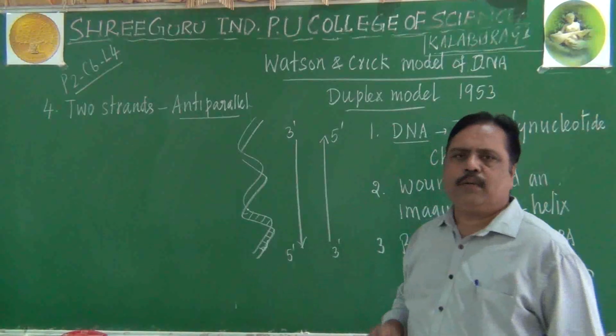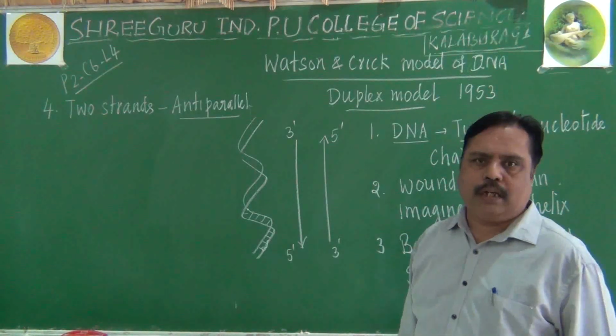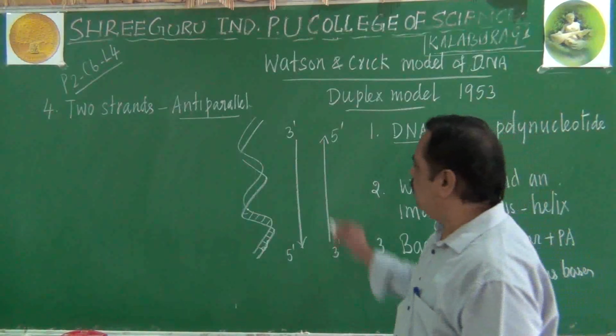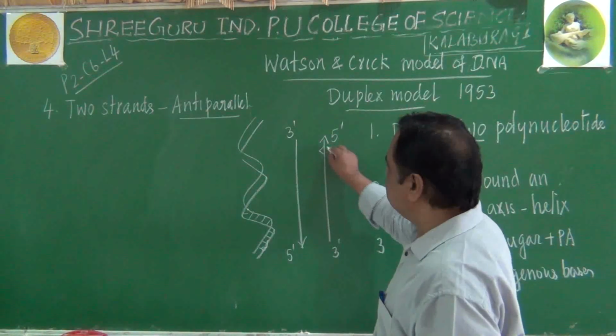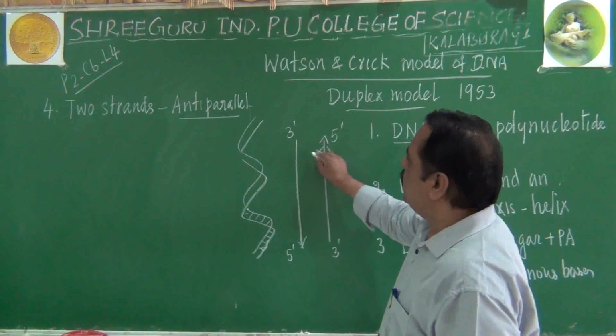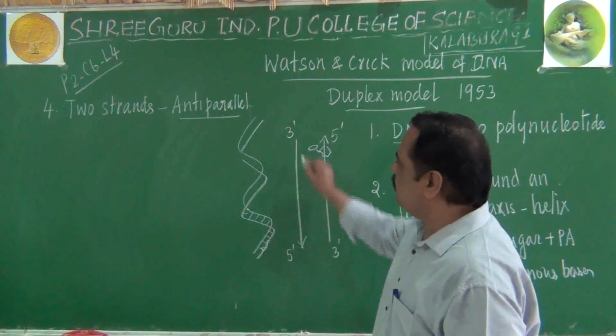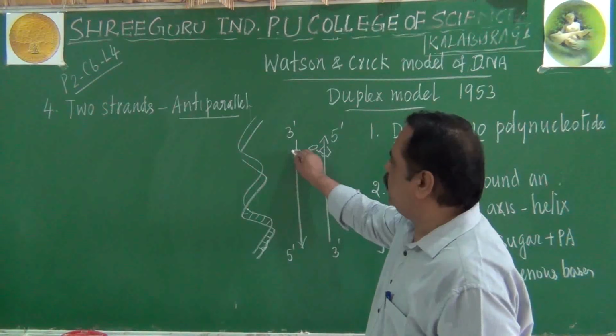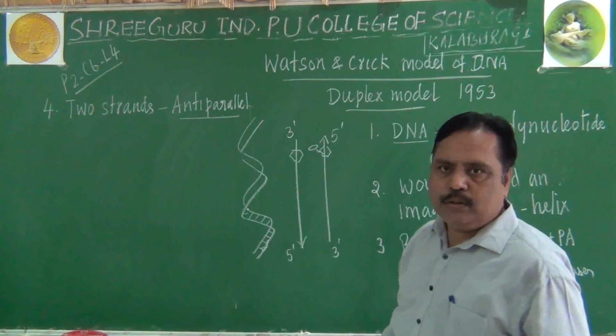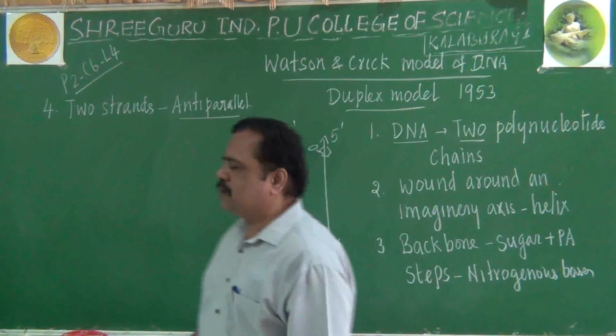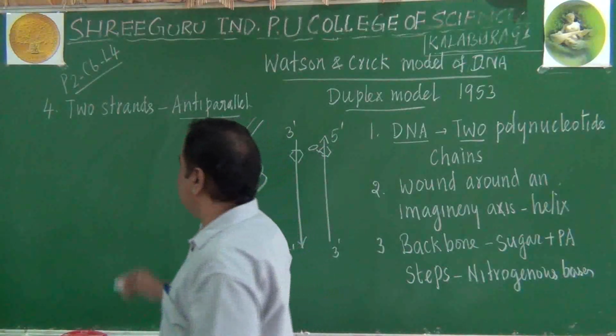Why? What is the importance here? What is the significance of anti-parallelity? Imagine, in this chain, this is the sugar molecule. Here the nitrogenous base is present. When this chain is facing downwardly, the sugar molecule will be facing downwardly. Do you get my point? I will draw this point here.